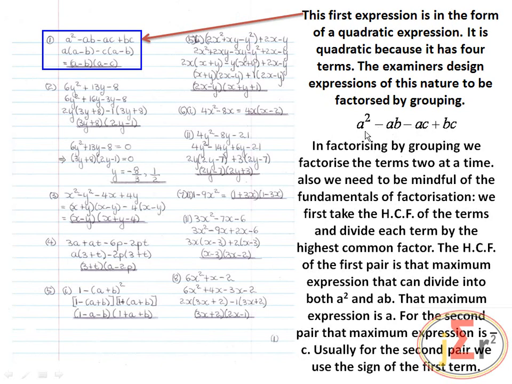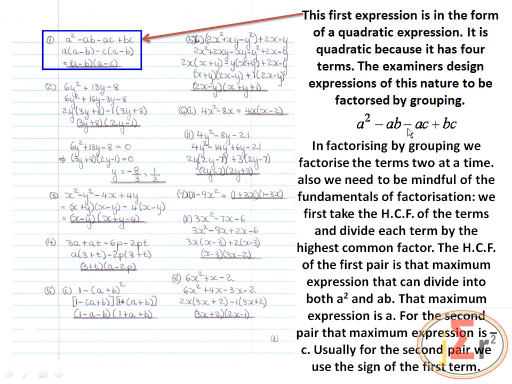No doubt, because of the absence of a sign, we are sure that what we are taking as the common factor is positive a. And the first term that we have here is a squared, which is actually positive a squared. For the second pair, our first sign that we have is a negative.